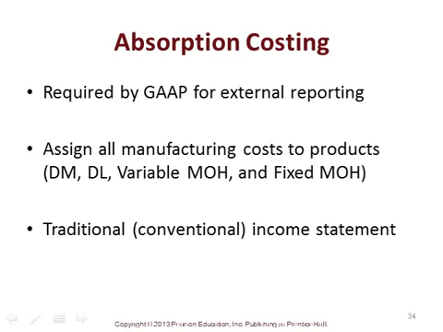And all that means is that under absorption costing, my inventory includes a component of my fixed overhead cost. For variable costing, my inventory doesn't. Those fixed costs are considered to be period costs, so they're expensed in that period.